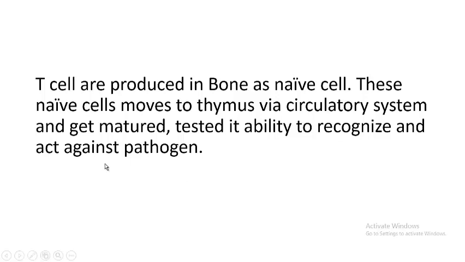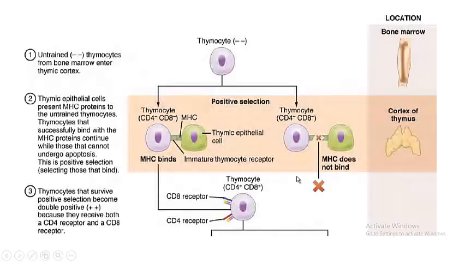Those detailed processes will be explained through diagrams or flow charts. These cells are produced in the bone marrow and are slowly transported by the circulatory system along with the blood cells, come to the thymus, and start settling there.